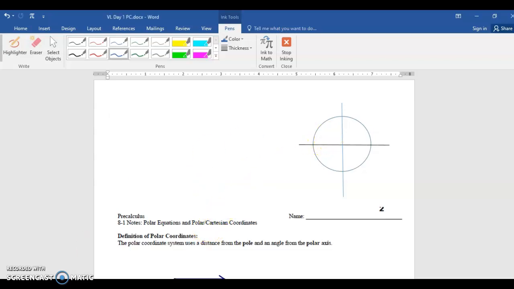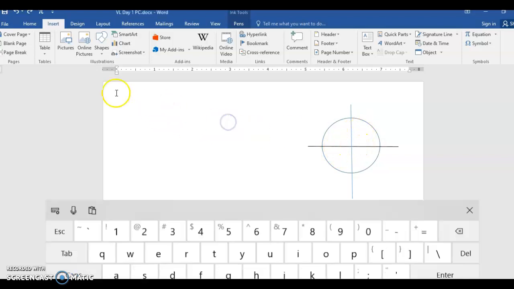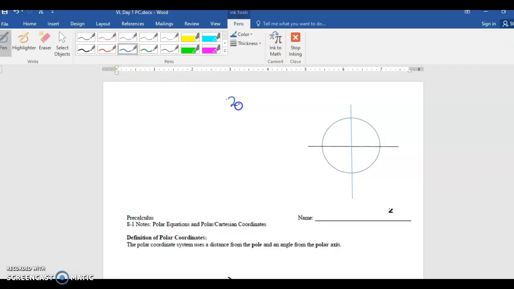So we have the unit circle here. I just want to give you an idea what I'm going to introduce to you today. Suppose I have a polar coordinate, let's say 2 and pi over 6.